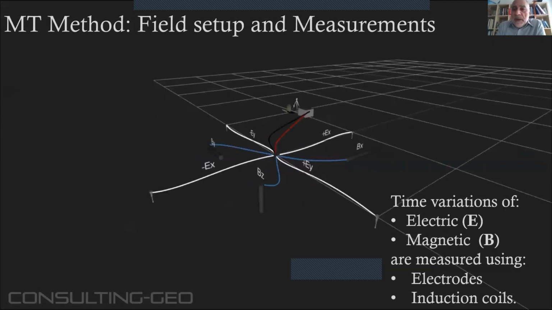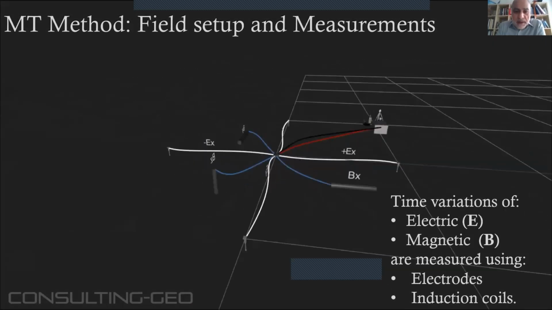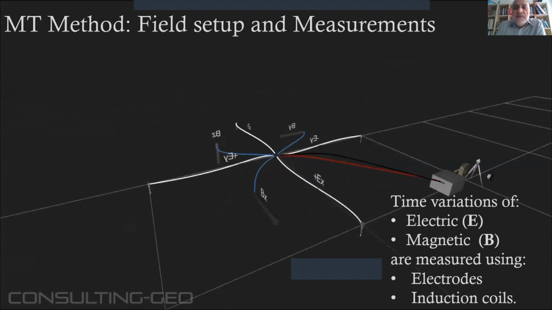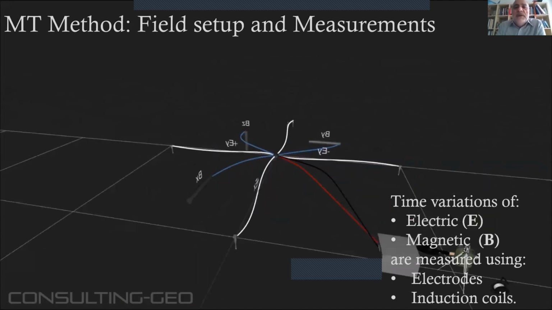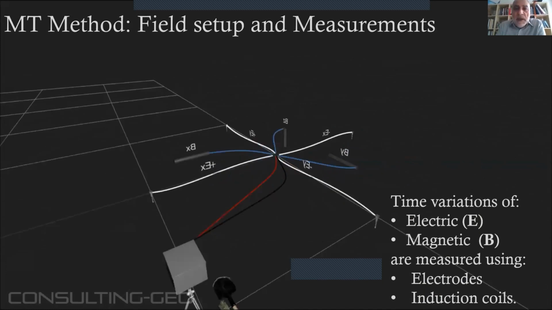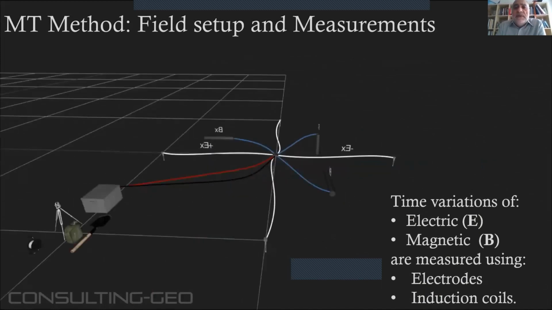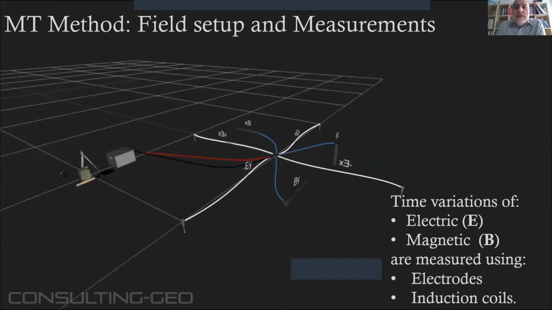The X and Y directions could be any direction, but the major point is that these two components should be orthogonal. In addition, we use induction coils to measure the time variation of the magnetic field.